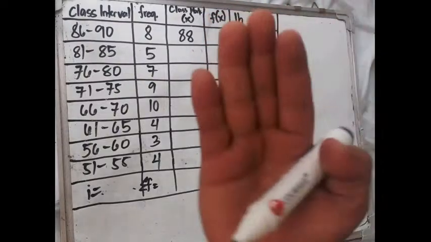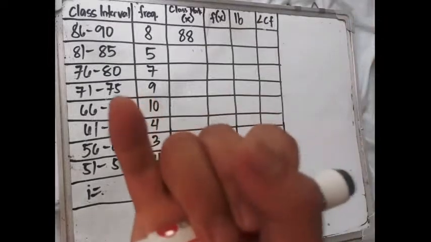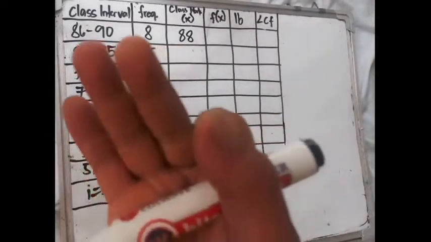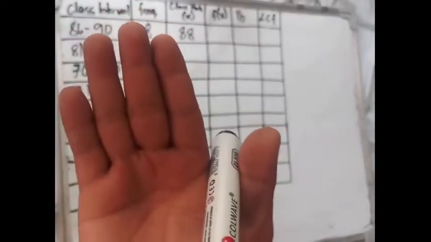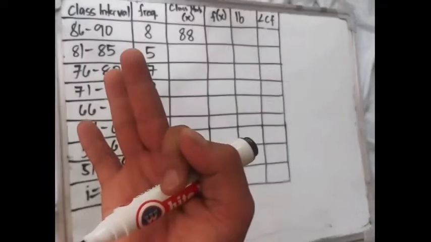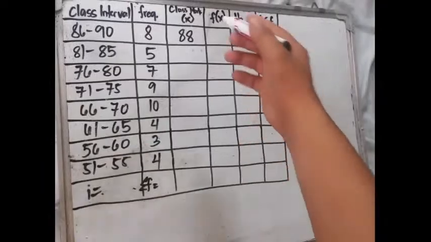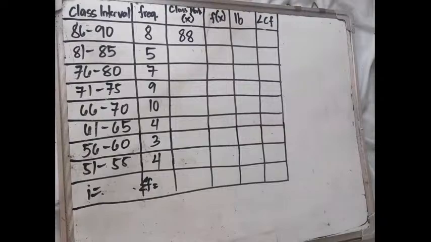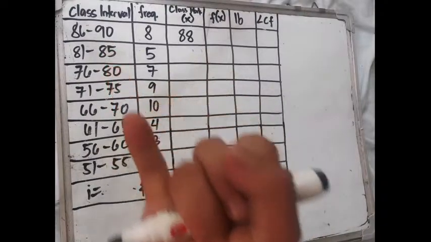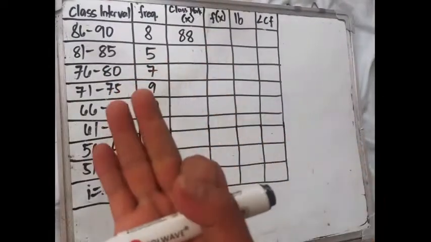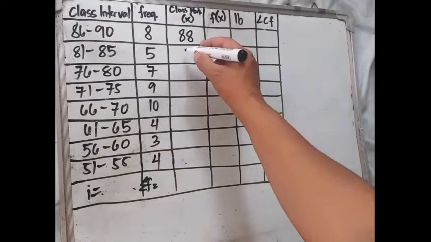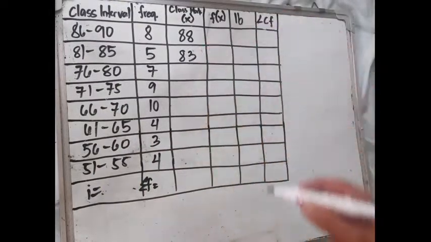Tingnan natin midpoint of its class. So 86, 87, 88, 89, 90. So what is the midpoint from 86 to 90? So 86, 87, 88. So ikatatlo, that is 88. How about next class? 81, 82, 83. So that is the value of x, 83.